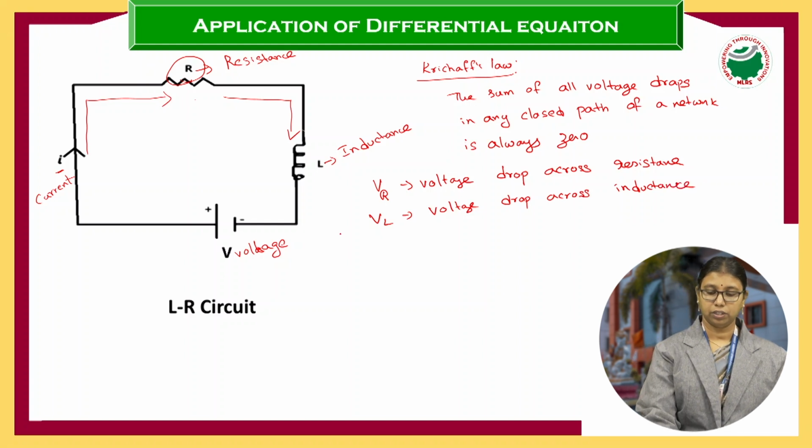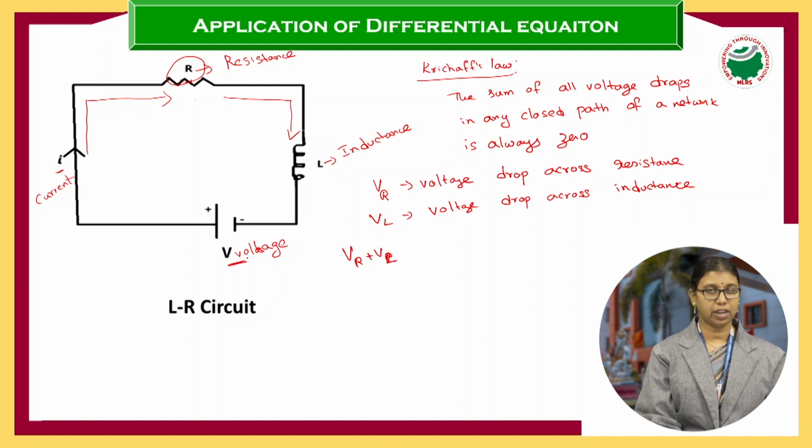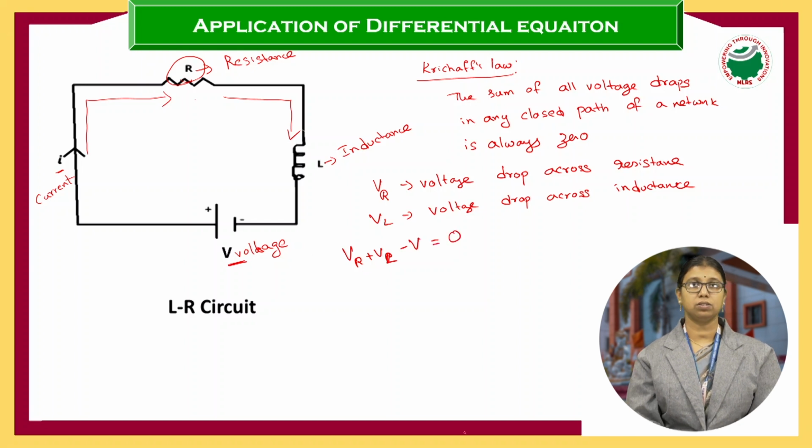Now according to Kirchhoff's law, we can take VR plus VL, and here we also have the voltage V, which is in the negative direction, so we take minus V equal to 0. So totally we have VR plus VL minus V equal to 0.